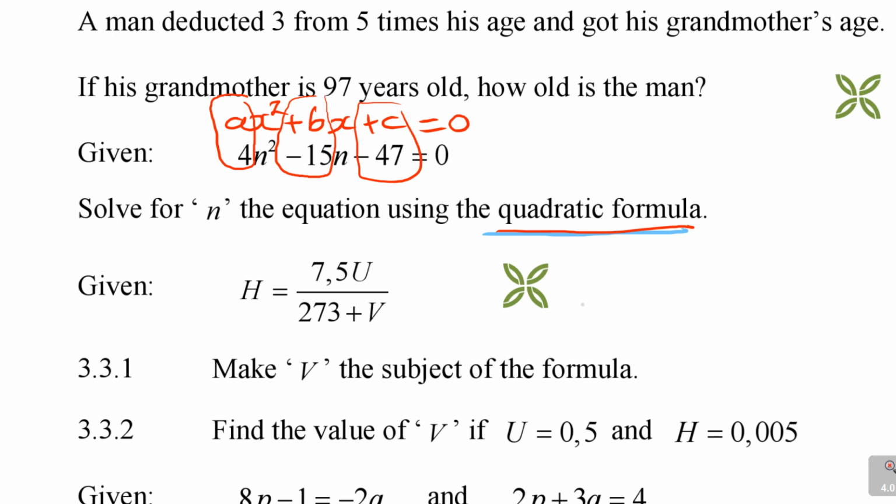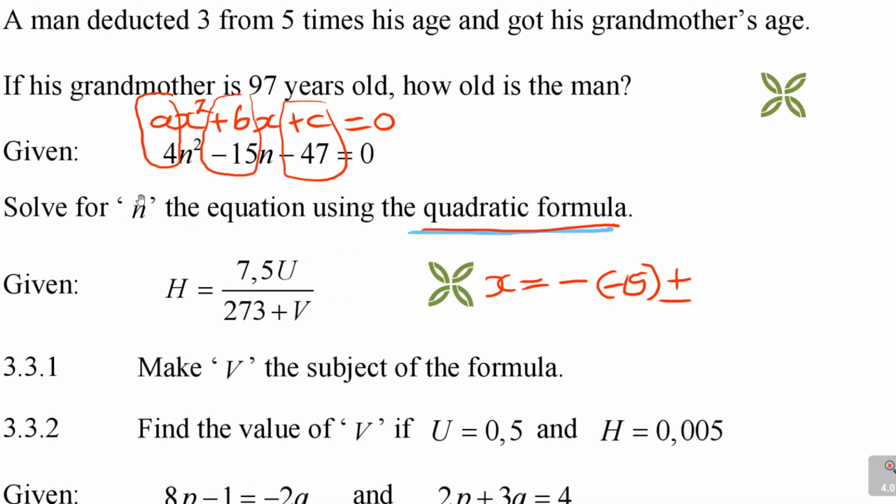So we are going to say x is equal to, I'm just going to go straight to substitution, but you guys must quote the quadratic formula. It's minus b, which is minus bracket minus 15. That is my b here. Then it's plus or minus the square root of b squared, bracket minus 15 squared.